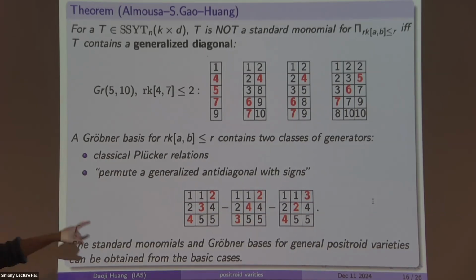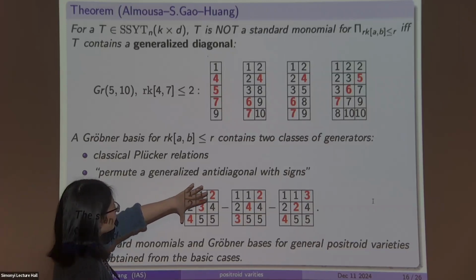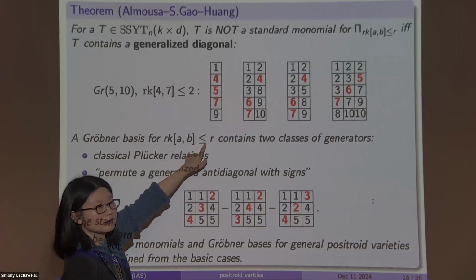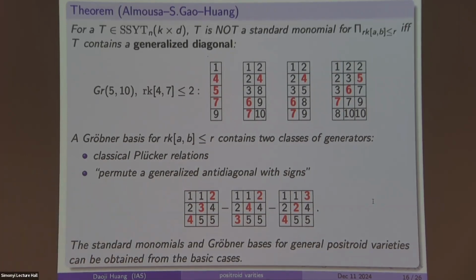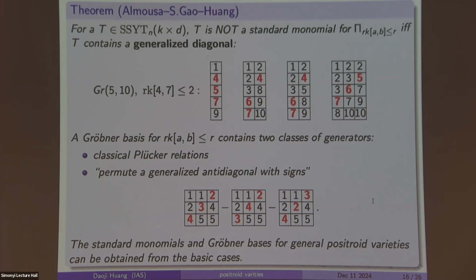Well, the length of the generalized anti-diagonal is always r plus 1, so r plus 1 factorial. But you asked for the degree or the number of monomials? Just the degree of the biggest generator in the Gröbner basis. So that's without factorial. The degree is like you have one entry in every column. That's the largest degree you can get, so r plus 1.